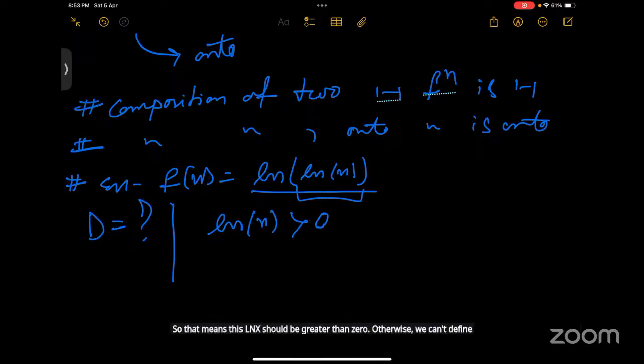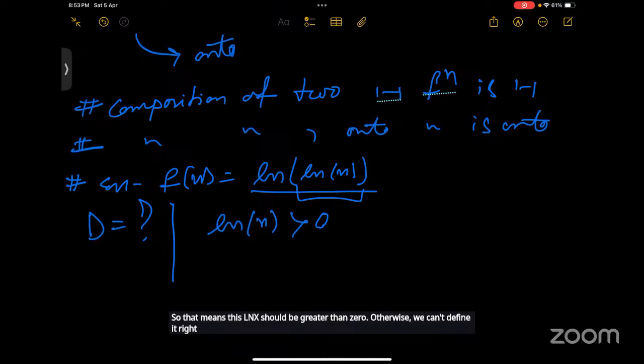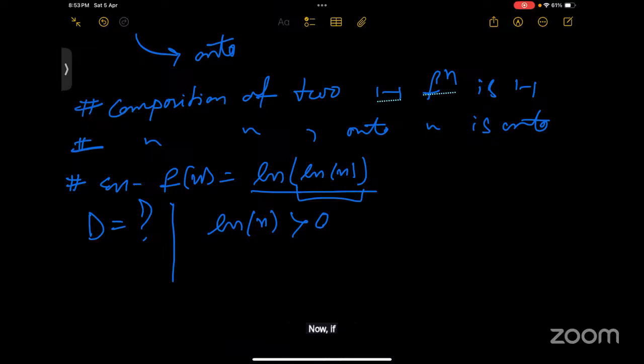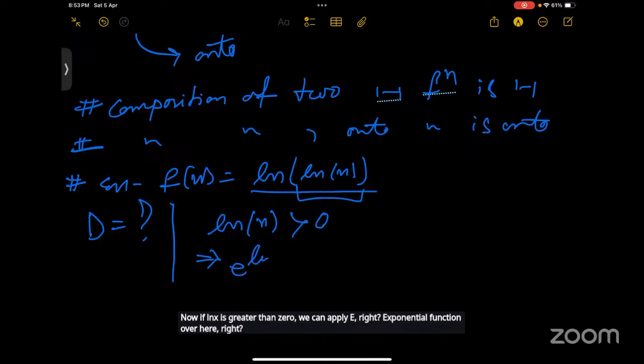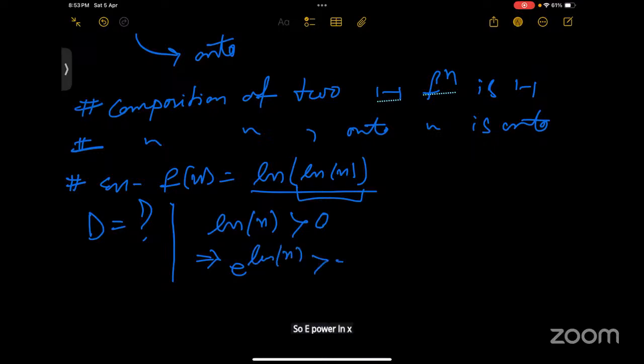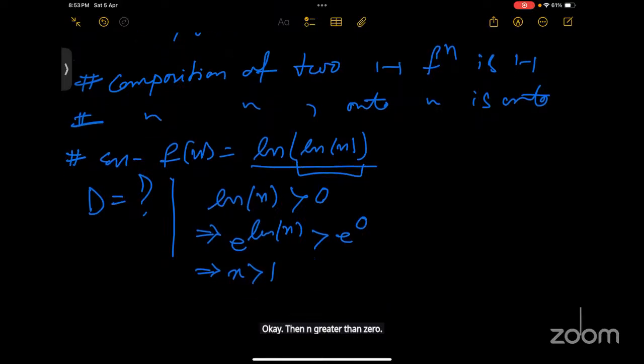Now, if ln x is greater than 0, we can apply the exponential function, so e power ln x is greater than e power 0, which gives x greater than 1. So x will be in this set, and this will be the domain.